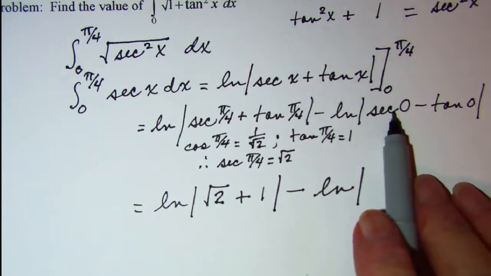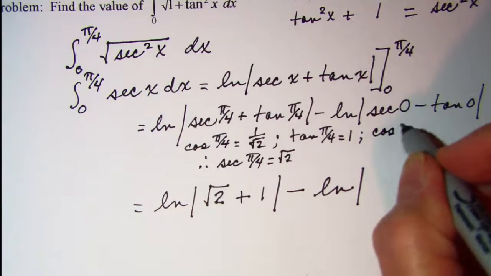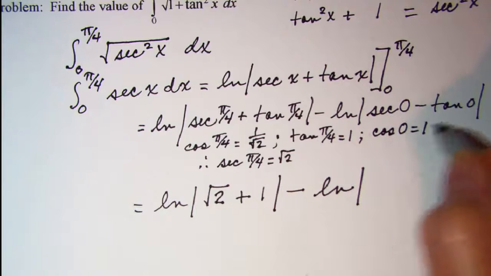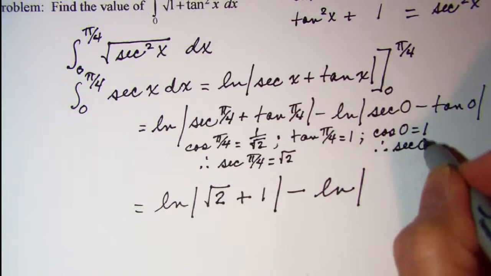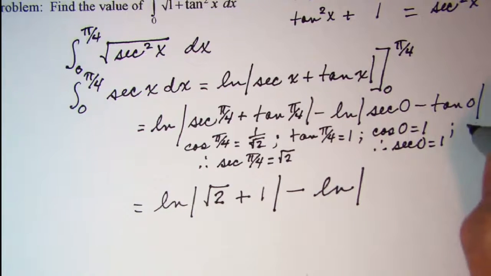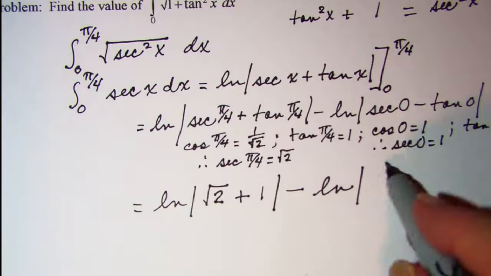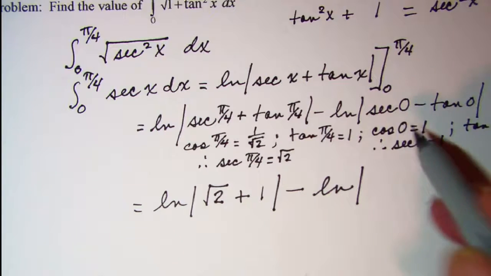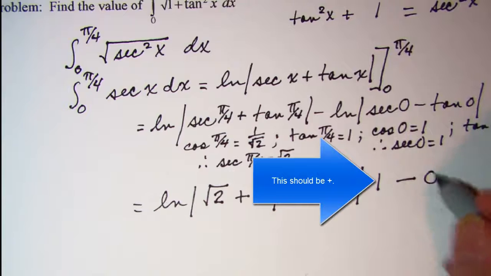Now in this one, the cosine of 0 is 1. Therefore, the reciprocal of that is also 1. And the tangent of 0 is 0. So this one is 1 plus 0.